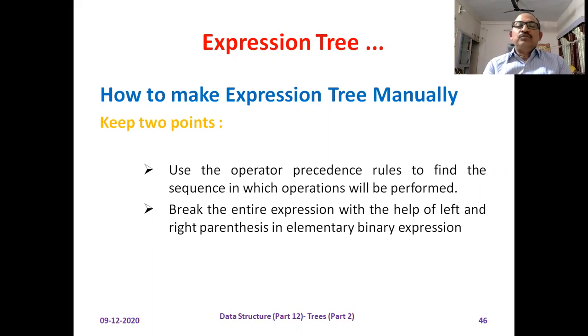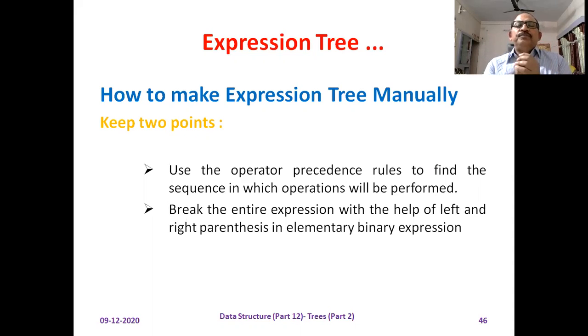You can ask a question: what are the elementary binary expressions? Simply, a simple expression involving a binary operator, meaning a plus b, a minus b, a into b, a divided by b. Suppose the expression given is a plus b and we want to make an expression tree for a plus b. What is the technique?